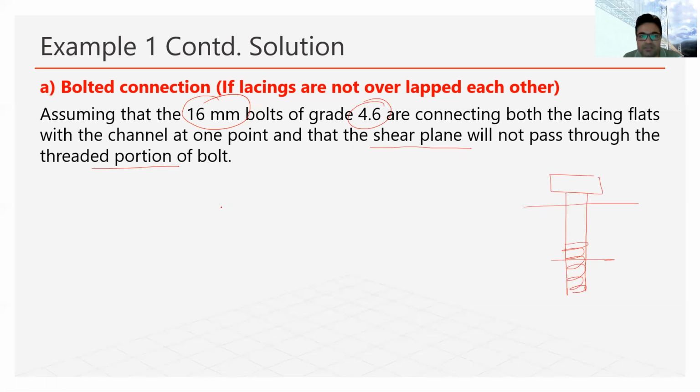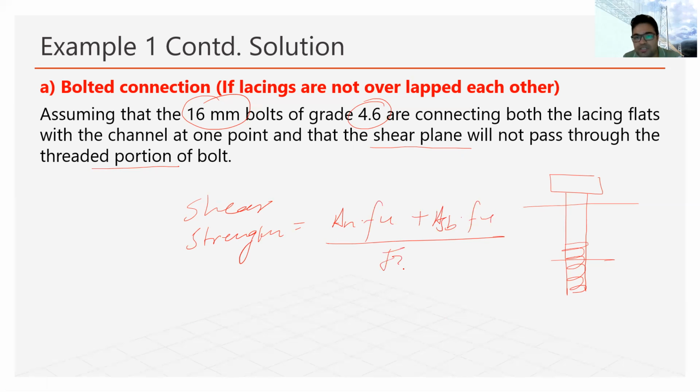I hope you remember that when we calculate the shear strength, the formula for this is An into Fu plus ASB into Fu upon under root 3 into gamma M1, something like this.